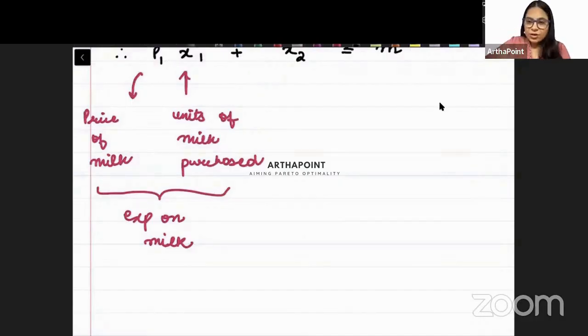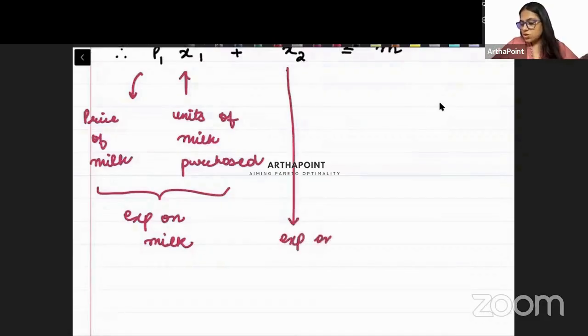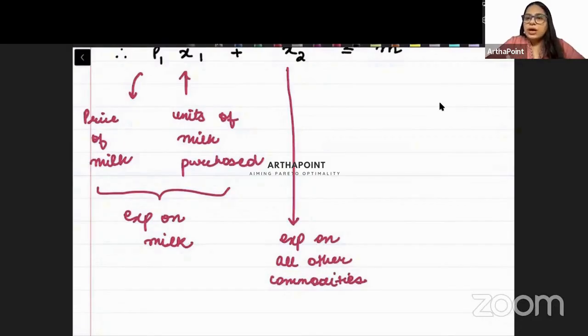Now I can go ahead and I can say that X2 represents expenditure on all other commodities. X2 क्या हो गया कि मिल्क को छोड़कर, leaving milk aside, whatever I am spending on all other commodities, beta, that is X2.